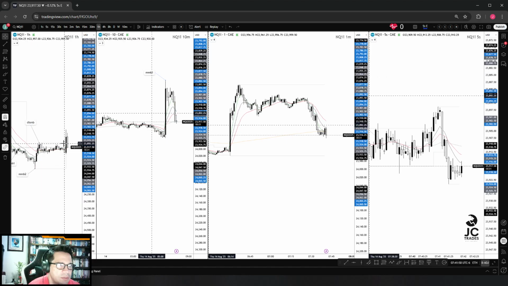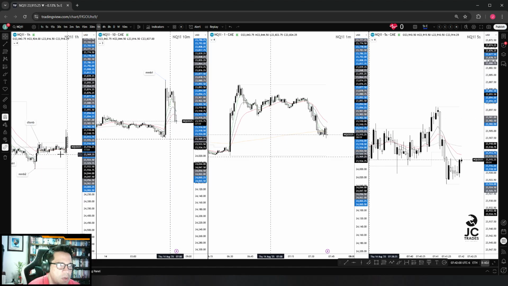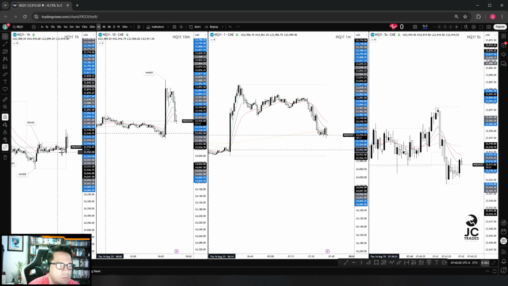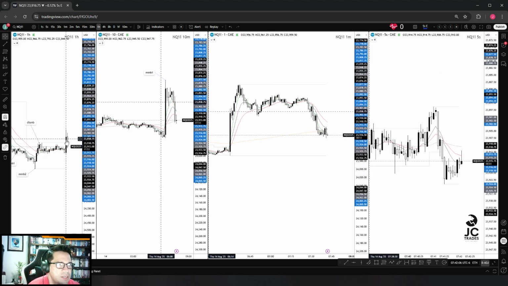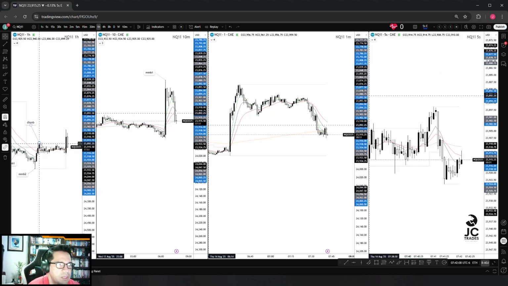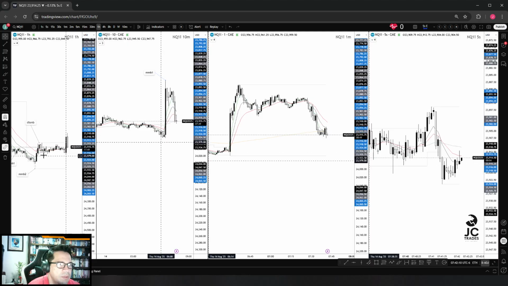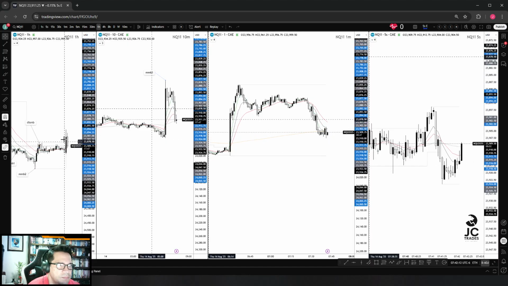Then we had some stage 1 building throughout overnight, and then we had this validation of what we can label here as a distribution MB.